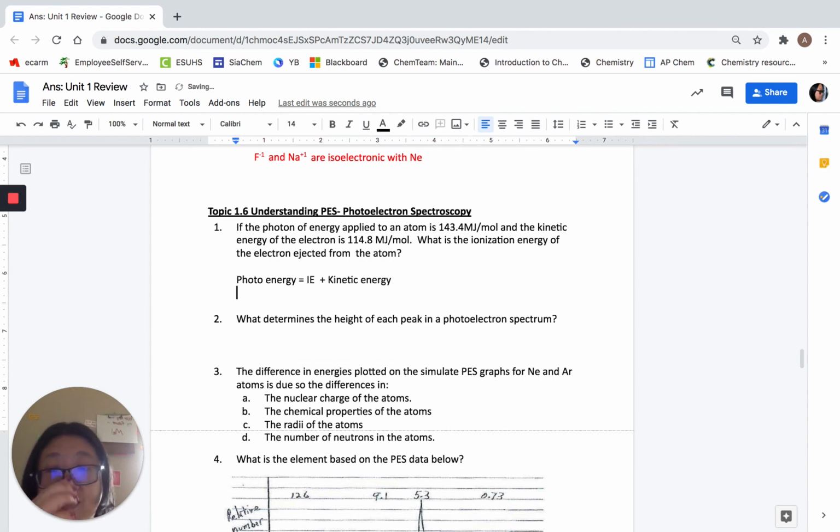Okay, so let's go ahead and do that. So first of all, check the units. If the units are the same, you are allowed to do this. So 143.4 minus 114.8. That should be easy. 143.4 minus 114.8, we're gonna get 28.6.